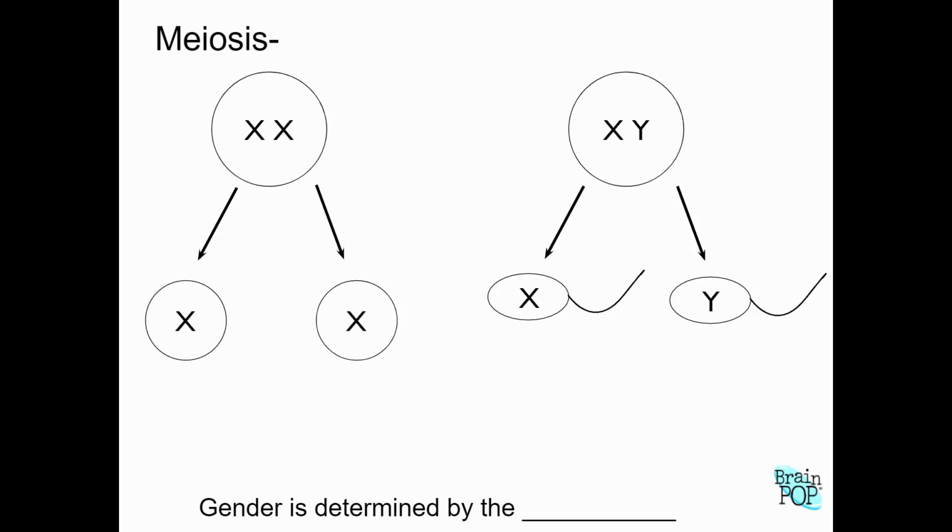And they're different because they contain only half the number of chromosomes. The process that produces them is called meiosis. It's a type of cell division that produces specialized cells called gametes, and they only have half the number of chromosomes as a normal body cell.